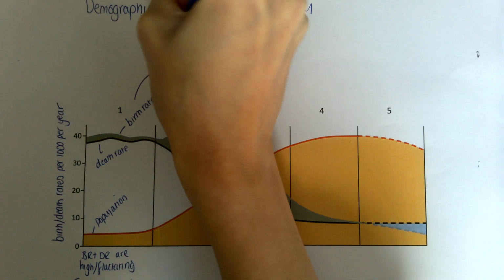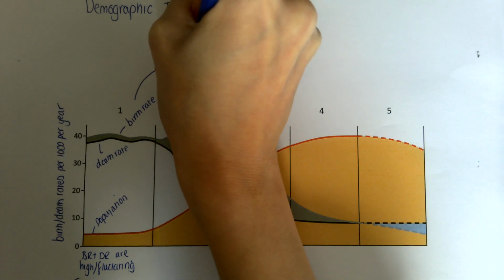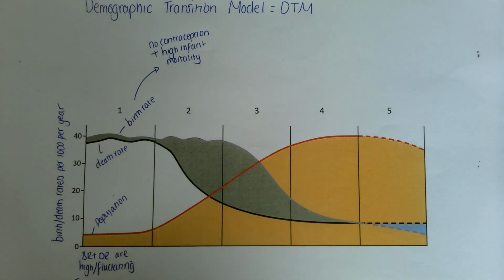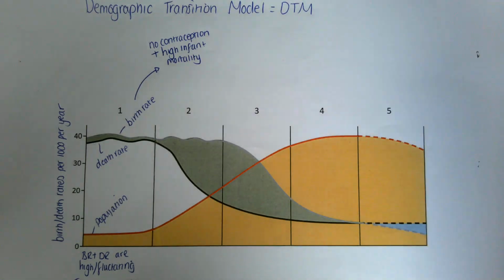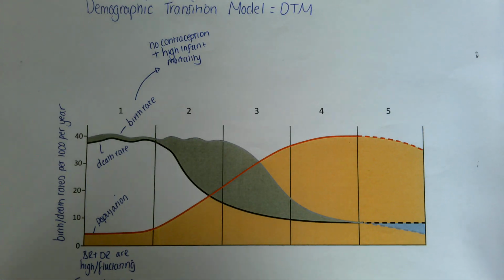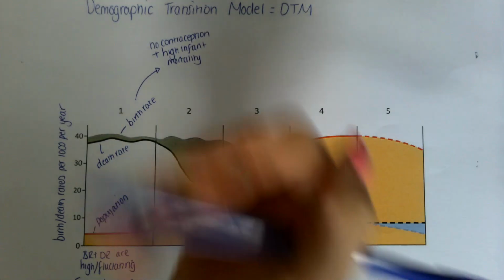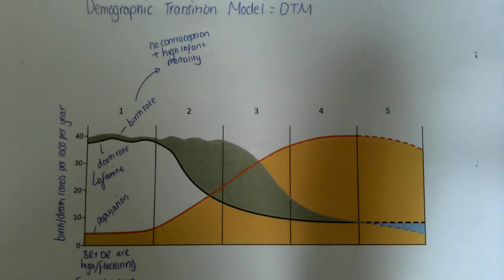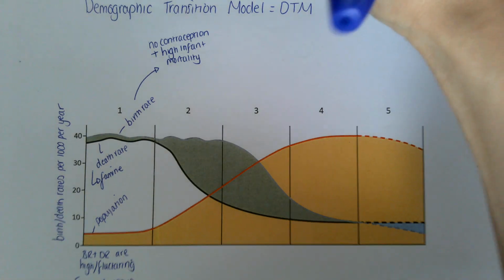So those people in those indigenous tribes may have more than 1 or 2 children, because there is only a small chance of those children living. Your death rate is going to be high due to poor healthcare, due to things like famine, catching diseases. That is why it might be high in stage 1.